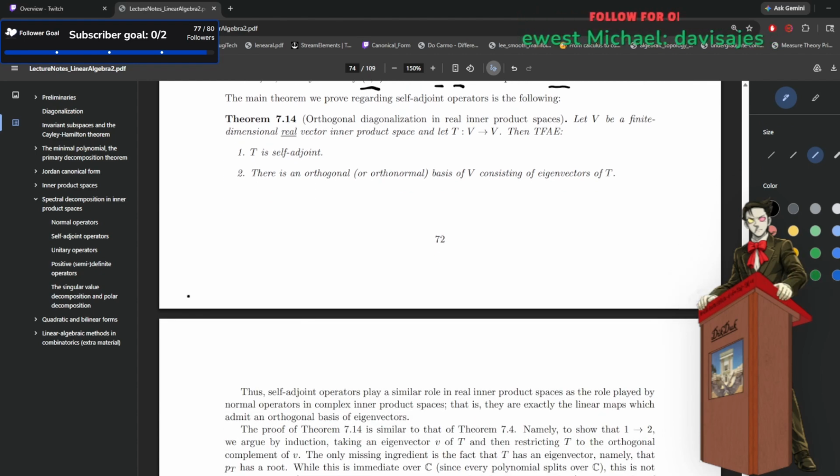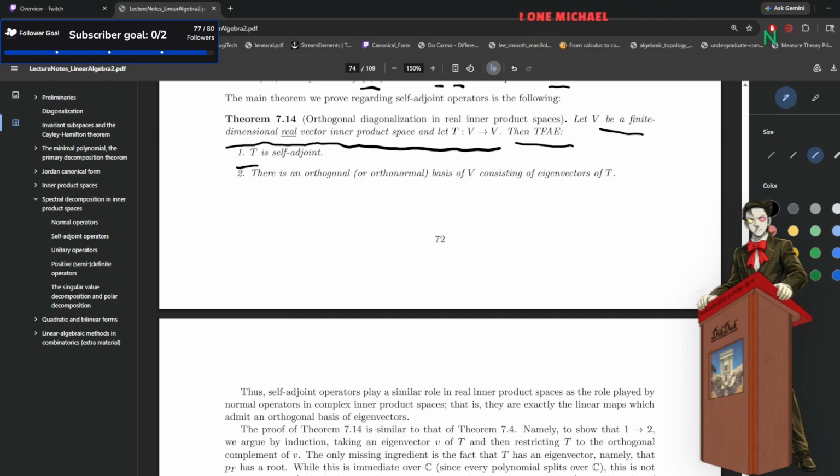Now we're going to continue to theorem 7.14, orthogonal diagonalization in real inner product spaces. Let V be a finite dimensional real inner product space, and let T be a linear map from V to V. Then the following are equivalent. T is self-adjoint.